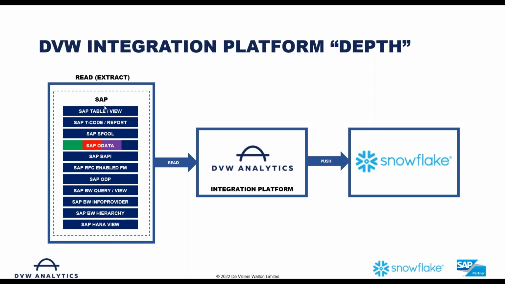So we've said we can connect to SAP tables. What's also a nice solution for a business user is that we can also connect to data via T-codes. A T-code, a transaction code, is just a report or a program that's usually run within the SAP GUI. I'll show you an example of this later if you're not familiar with SAP.